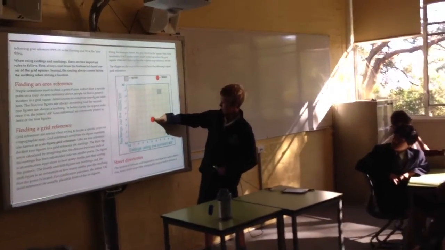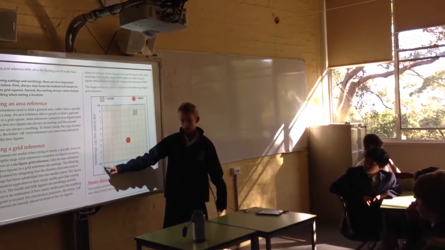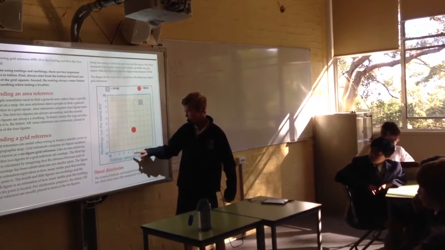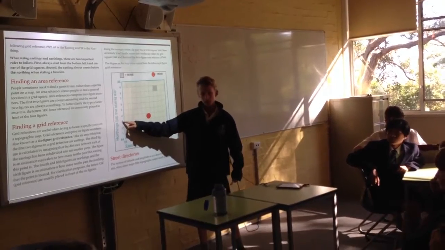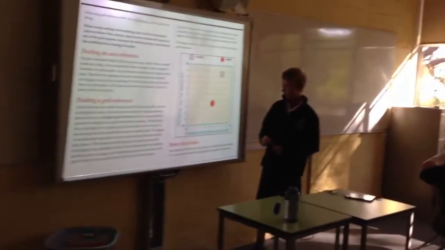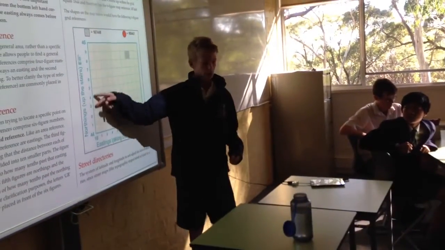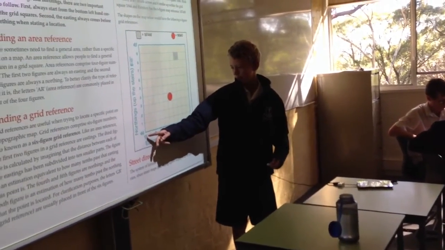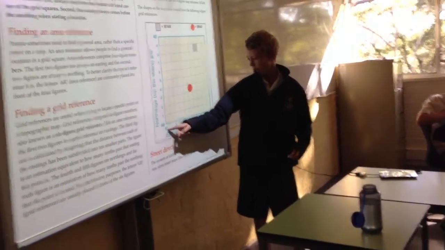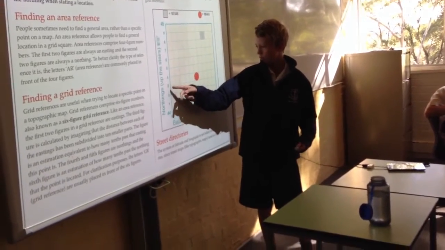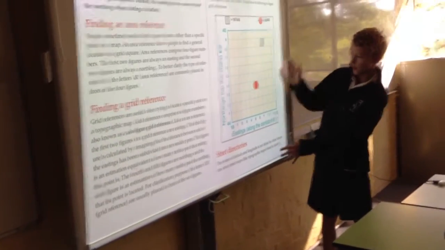If you wanted to find the location of this, it would be 18 because that's your area reference, 5, and then 44, 3, because you need to use all your eastings before your northings. So instead of going 18, 44, 5, 3, you'd be going 18, 5, 44, 3, to find the specific area inside that area.